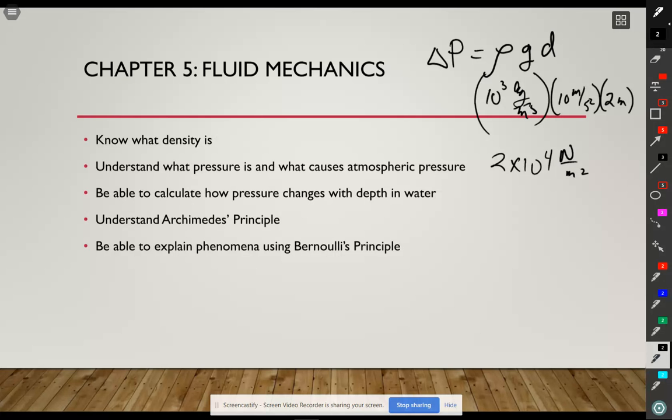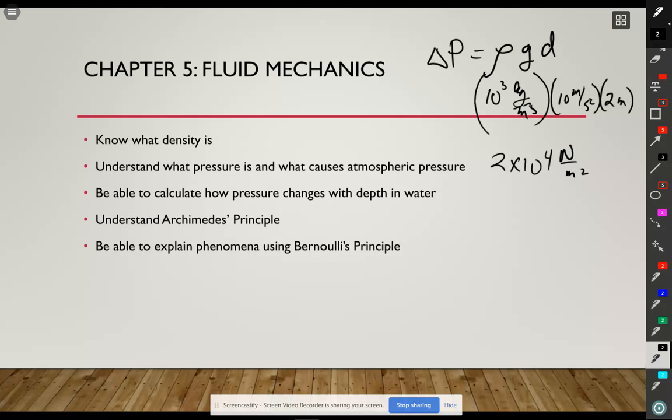Okay, Archimedes' principle. Remember we had the fun lab, I think it was fun, where we studied floating and sinking. Archimedes' principle said that the buoyant force, the net force pushing up on something that's in water, is equal to the weight of the displaced water.